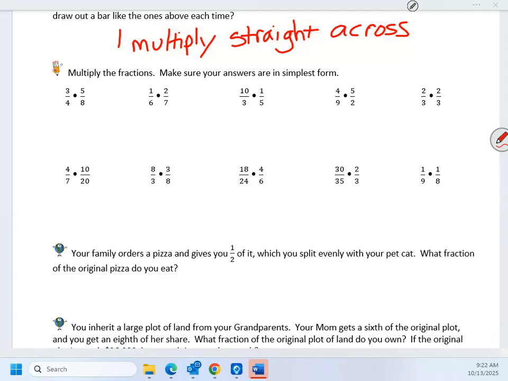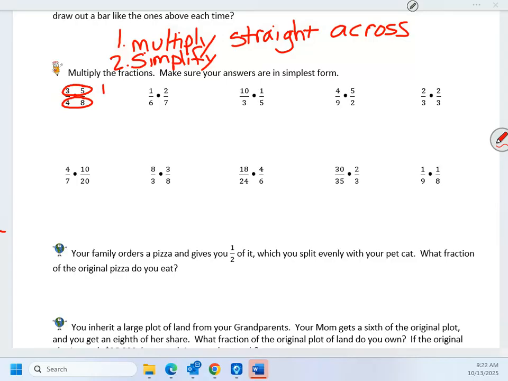That's step 1. What is my step 2? Moses, say it louder. Simplify. Our final step is always to see, can I simplify it? So, multiply straight across.